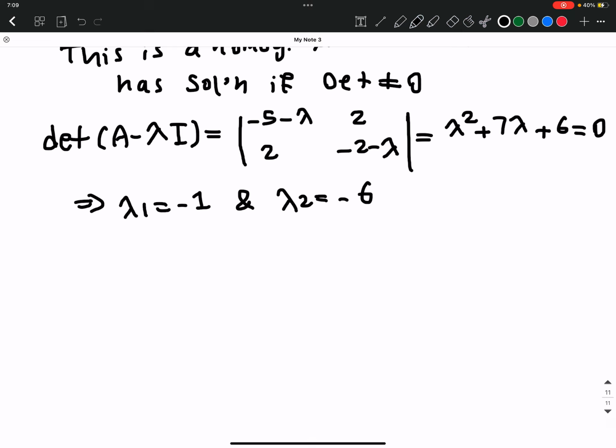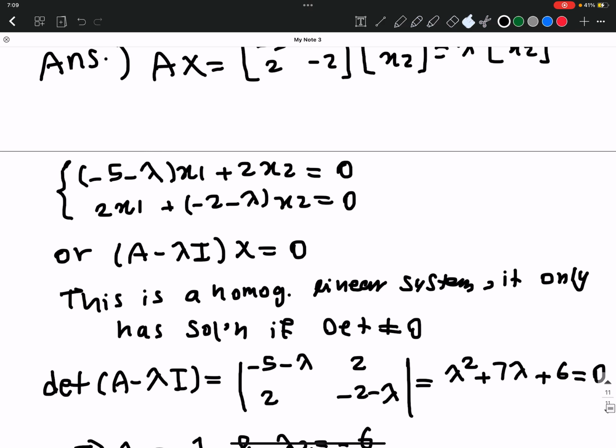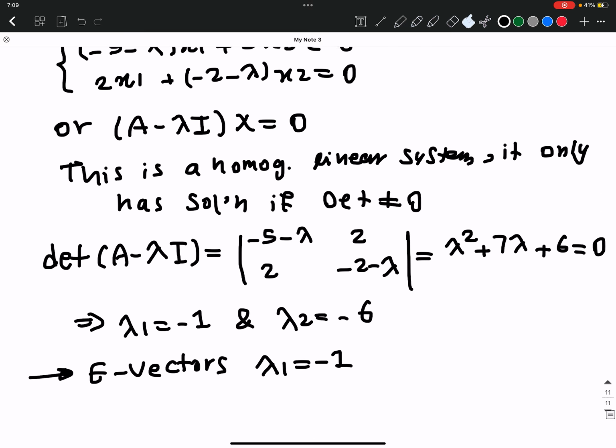For eigenvectors, I do it separately for each eigenvalue. First, lambda 1 equals minus 1. If I do this here, I get this system of equations. Let me write it down again.